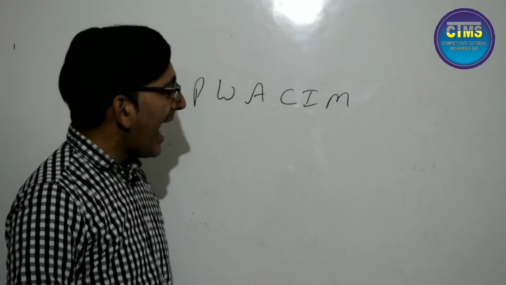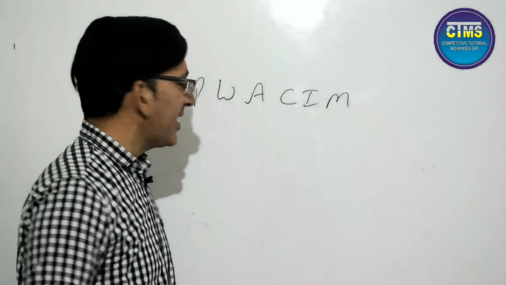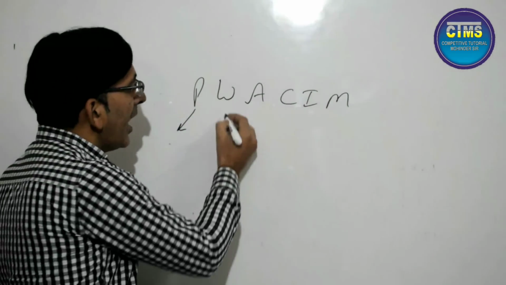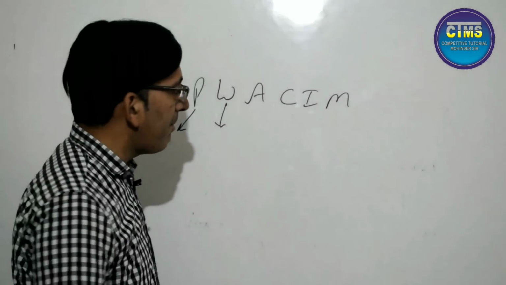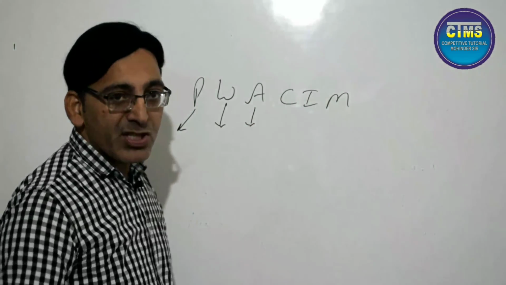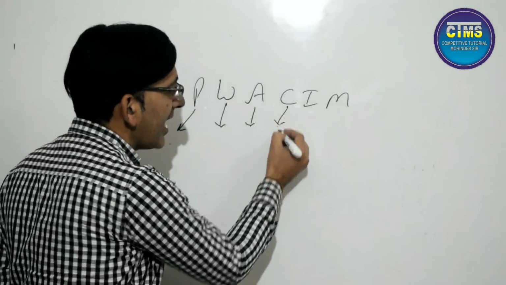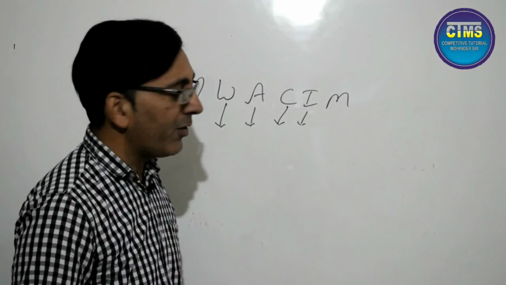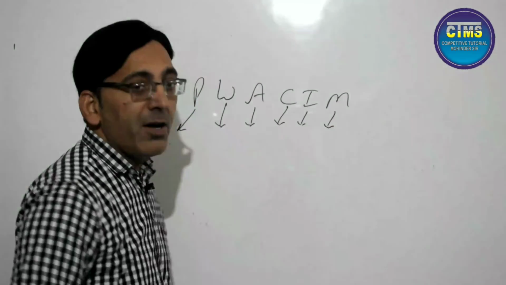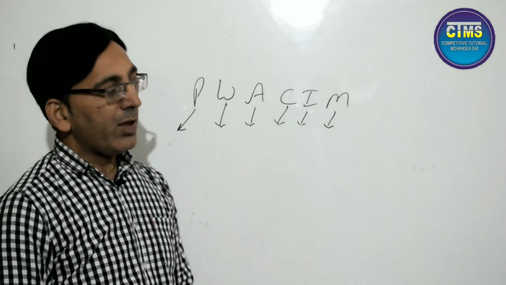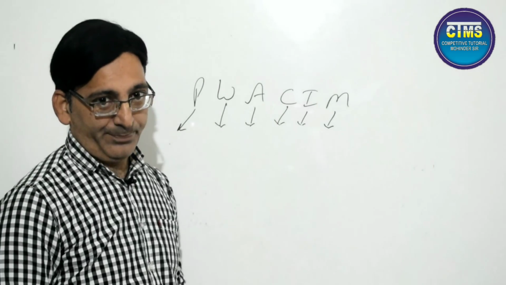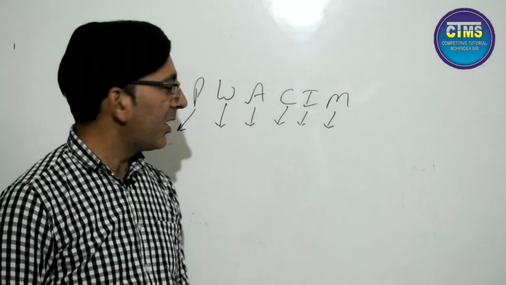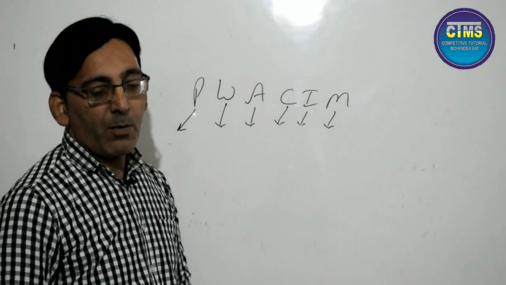Through this acronym, you can remember the six varieties, where P stands for part for the whole, W stands for whole for the part, A stands for abstract for the concrete, C stands for concrete for the abstract, I stands for individual for the class, and M stands for material for the thing made. So if you want to remember the six varieties, you must remember this acronym, PWACIM.